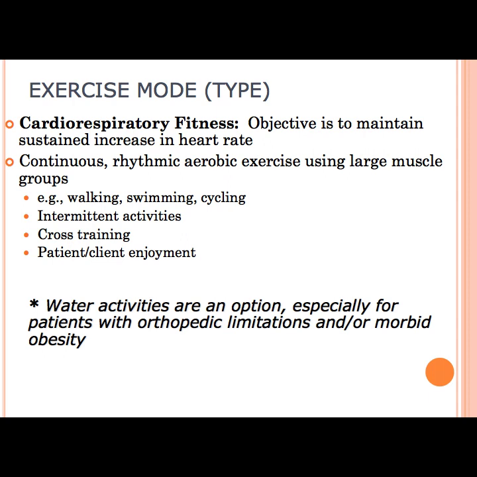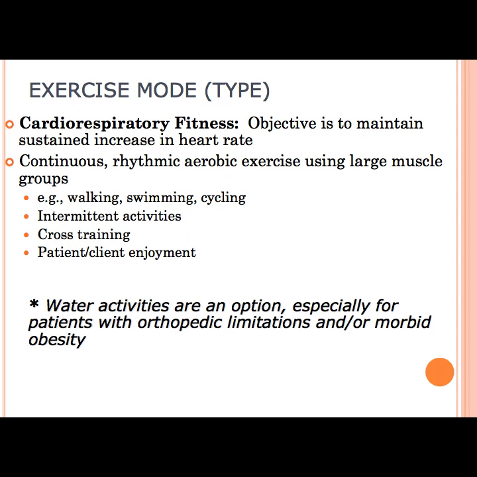So this is simply working the heart and the lungs and trying to increase our heart rate and actually maintain this aerobic exercise. It's a continuous bout of exercise that's rhythmic in nature, and it does use aerobic exercise potential in it, and it uses large muscle groups. Some examples would be things like walking, swimming, cycling.